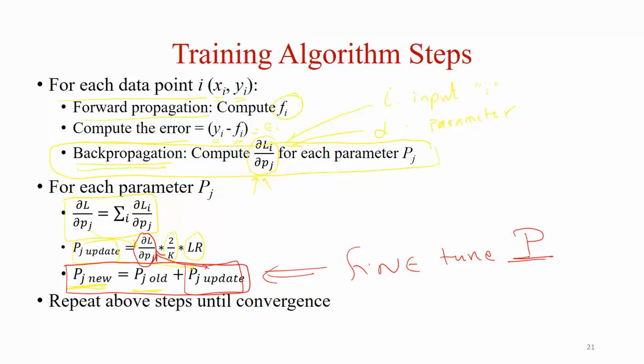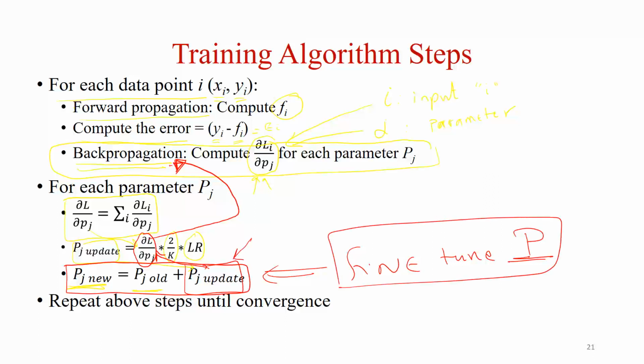And to compute that, I need to do backpropagation. So you see why we are doing backpropagation: to compute the update value so that I can fine-tune my parameters.